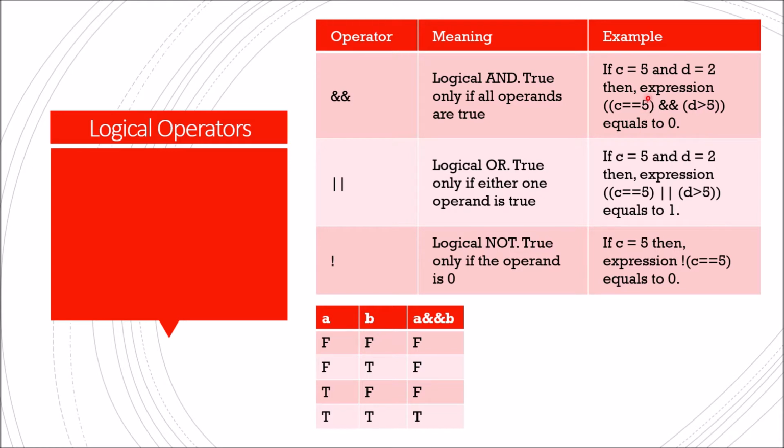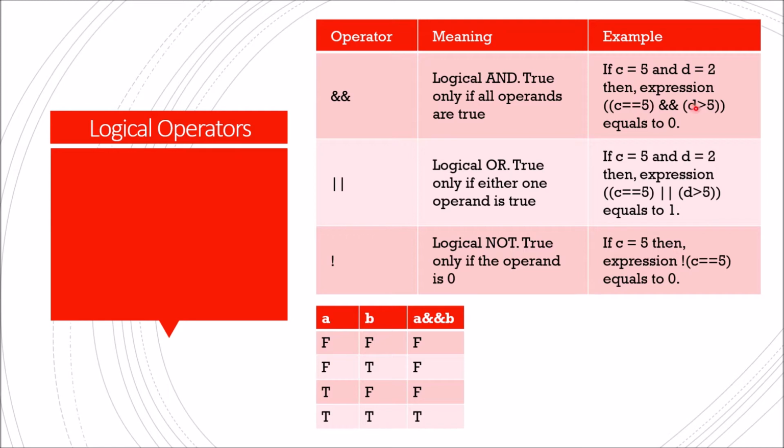So let's say, for instance, here we gave C the value of 5 and D the value of 2. Now we are going to evaluate these expressions. This one says C equals 5. Actually, it is doing the comparison, is C equal to 5, and it is equal, so it is true.